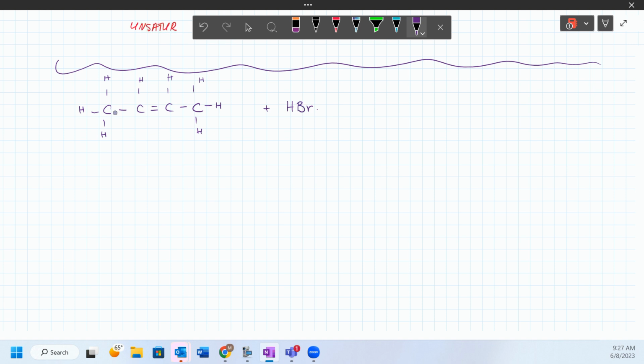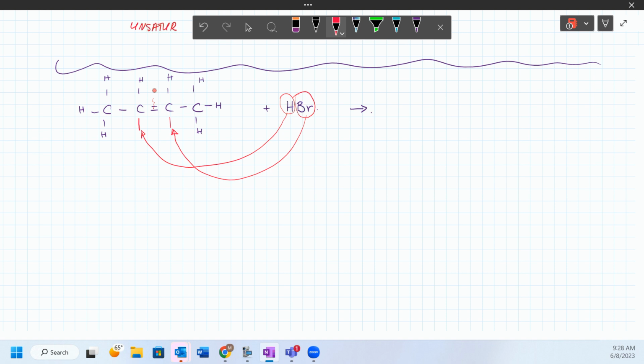And then let's suppose that we have HBr. Okay, so now if this bond is broken, it's making those two bonding capacity available. Then one of them will go to hydrogen and the other one will go to the other bond.